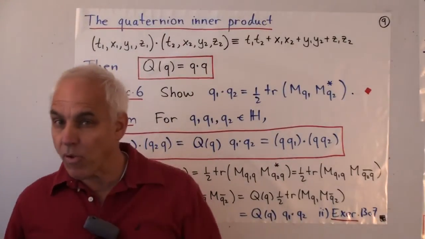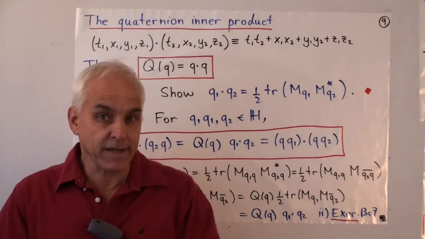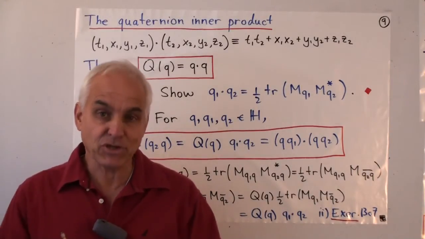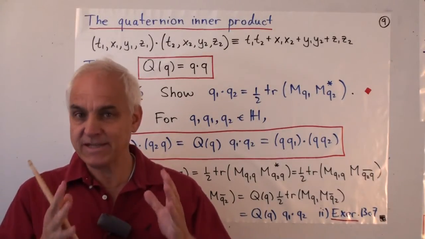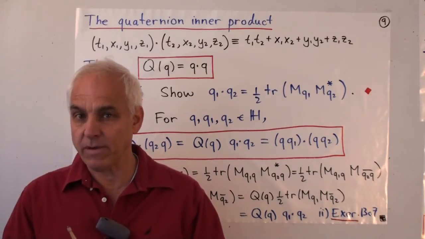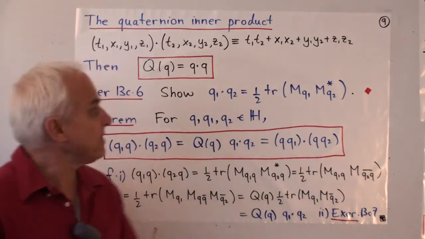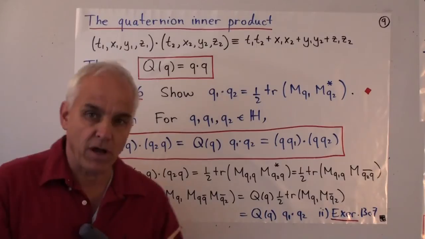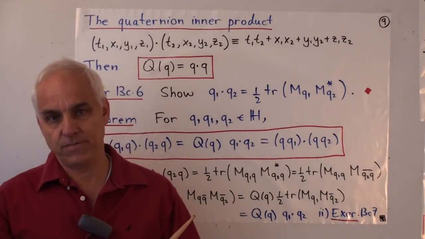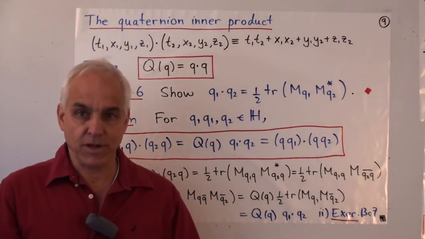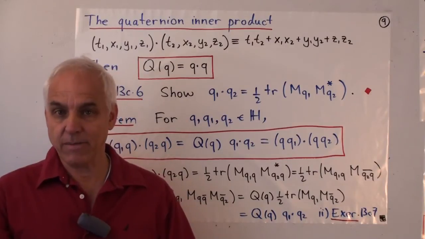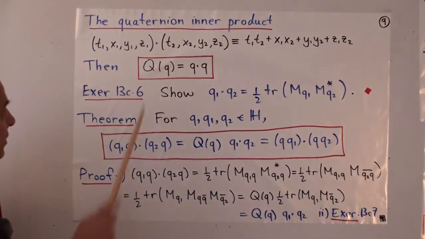Now there's one more important geometrical ingredient before we get to a picture that pins down the geometry of this four-dimensional space, and that's the inner product. So there's a quaternionic inner product, which is just analogous to the usual inner product in three-dimensional space. Here's the definition.